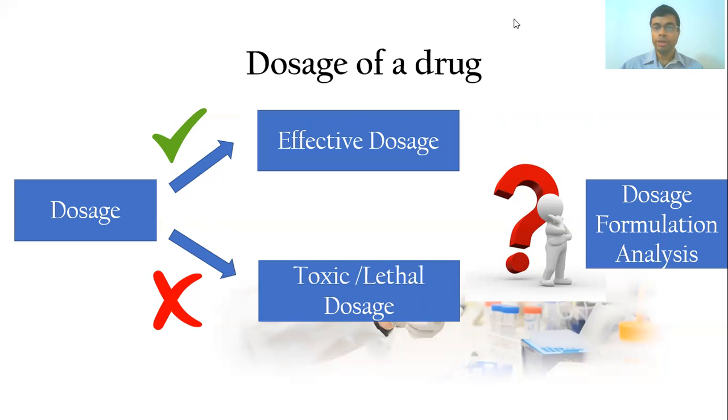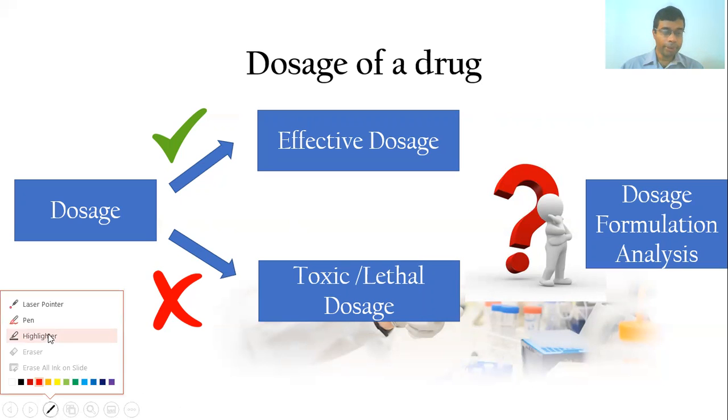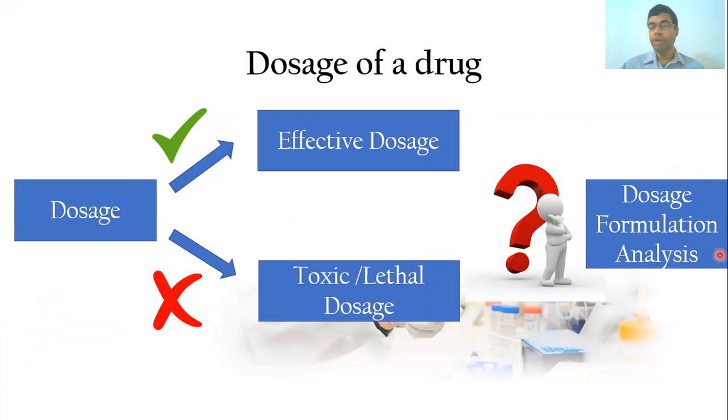In the dose formulation analysis, we have a developed method and we use it to determine the amount of active pharmaceutical ingredient present in a given tablet. For example, if you take a 10 milligram tablet, what is the actual amount of active ingredient? That's a question mark.